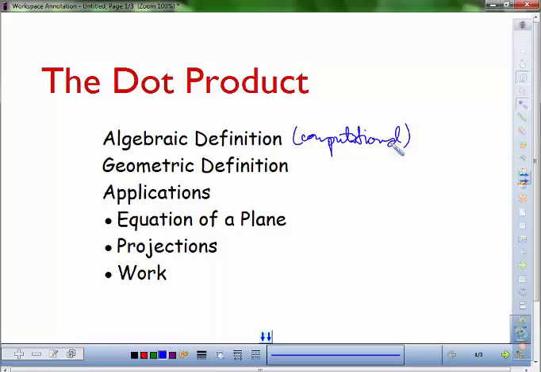And then we'll also apply it to vectors being projected on one another and apply it to work. For those people who have taken Physics 250, I think the idea of work with vectors should be familiar to you. And if you haven't taken 250, then we'll see how it works out.